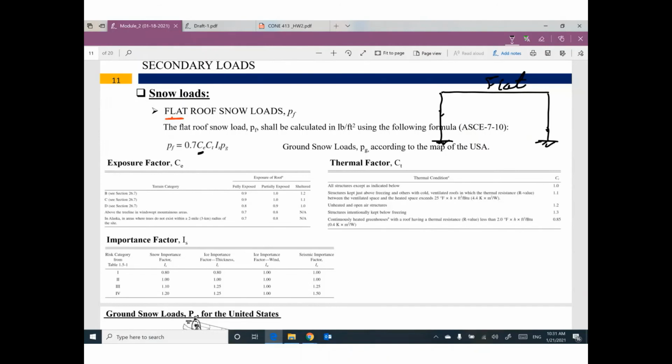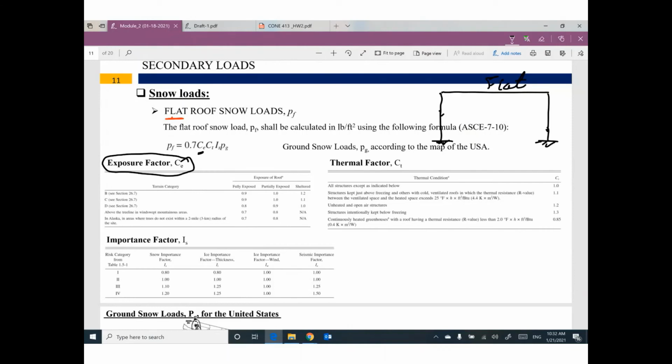CE is the exposure factor. We have three terrain categories: B, C, and D. We can figure out the value of CE from this table.